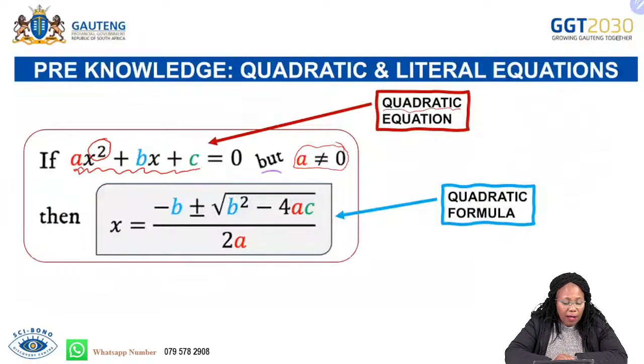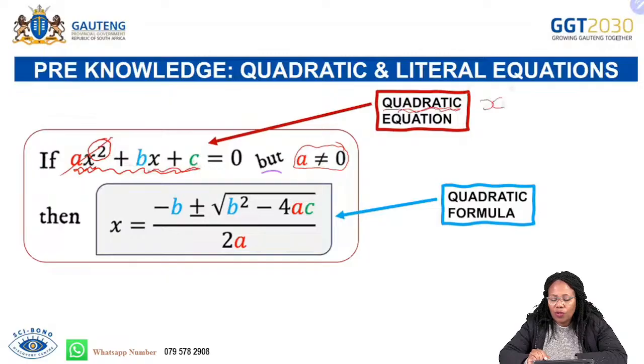If a becomes 0 there, it will cancel this part and then you'll be left with bx plus c. This will no more be a quadratic equation because to be quadratic, you need exponent 2 there. That is why we have this restriction that is restricting that a cannot be 0, but b can be a 0 and c can also be a 0.